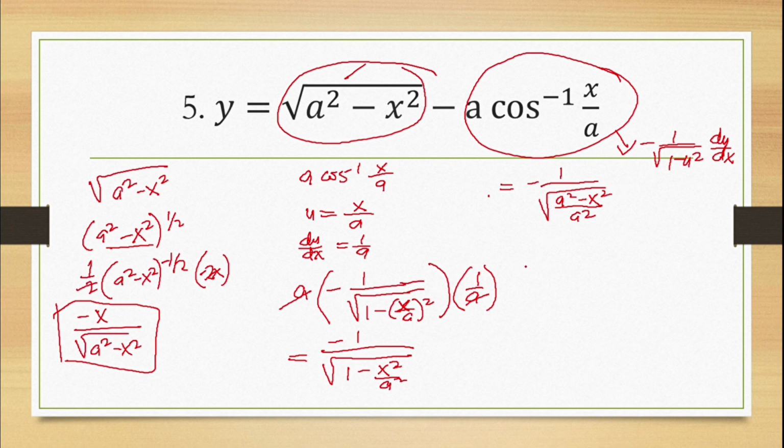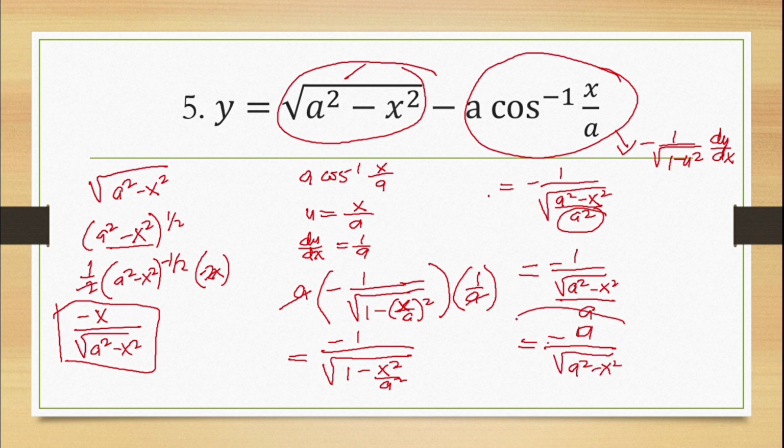So therefore this is negative 1 over the square root of a squared minus x squared, and this part is over a, and this is negative 1, this is a rather, over the square root of a squared minus x squared. So these are the derivative of this part.